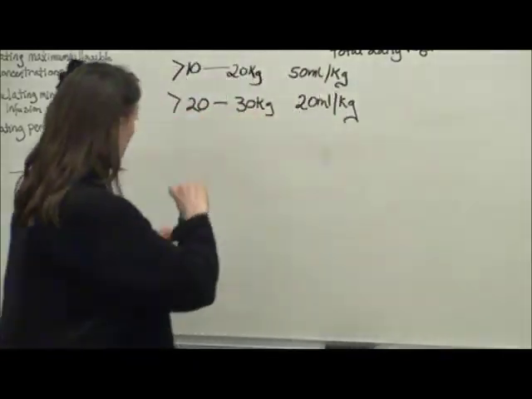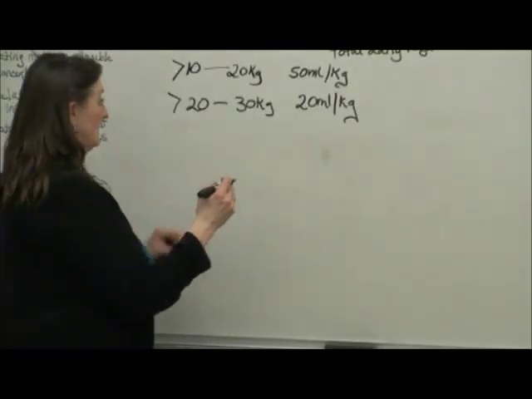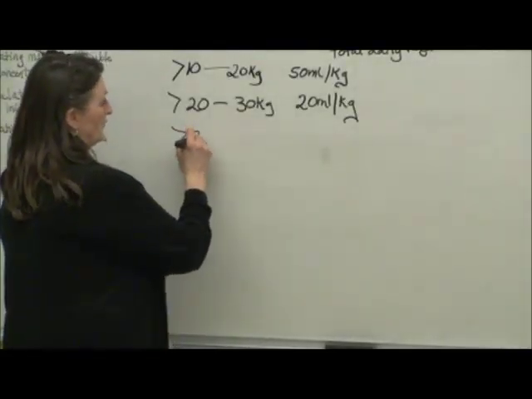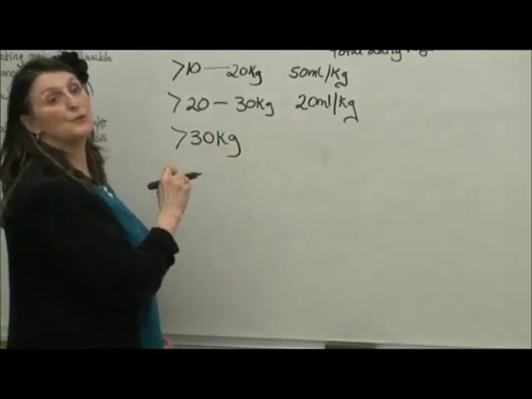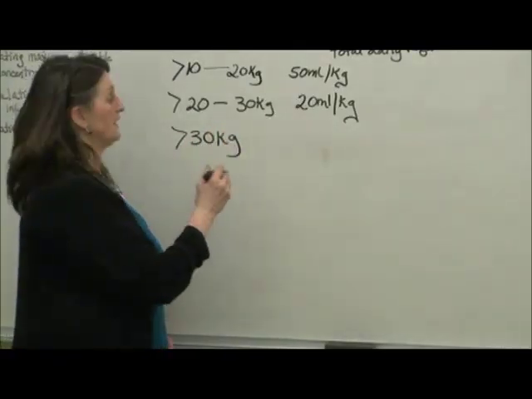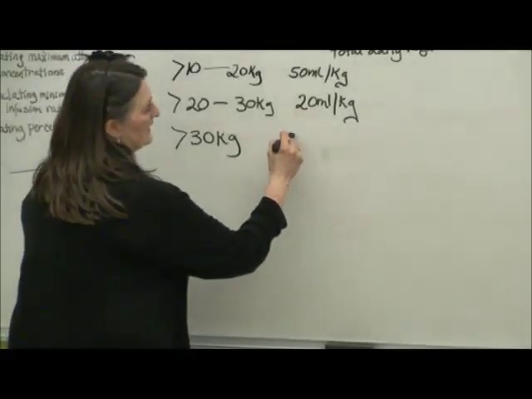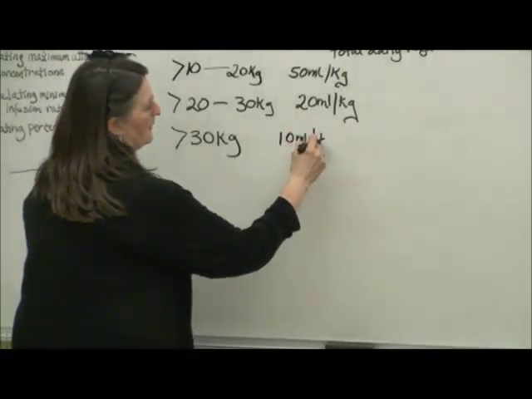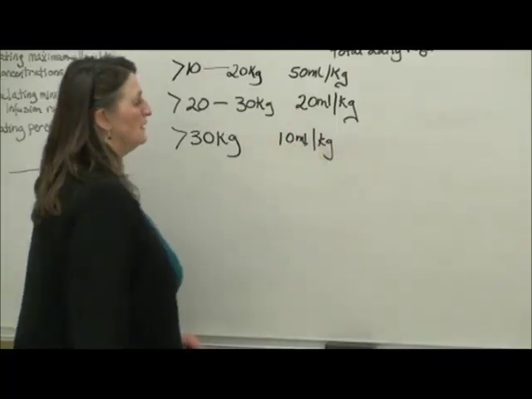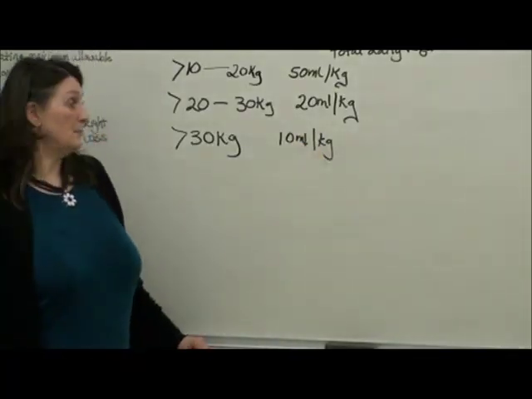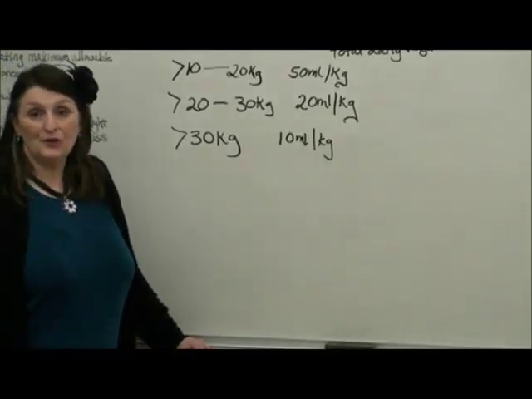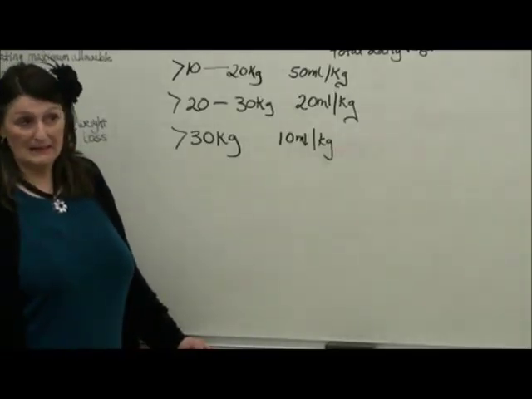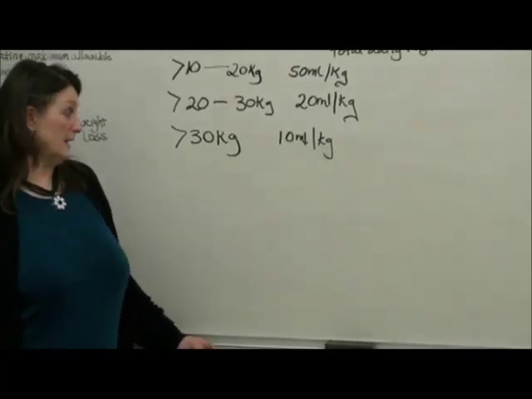And finally, for every kilo greater than 30 kilos, each of those, or fraction of those kilos, they get 10 milliliters per kilo. Now there comes a point when we have adult-sized pediatric patients that nobody's really calculating to the milliliter how much fluid they're going to get.